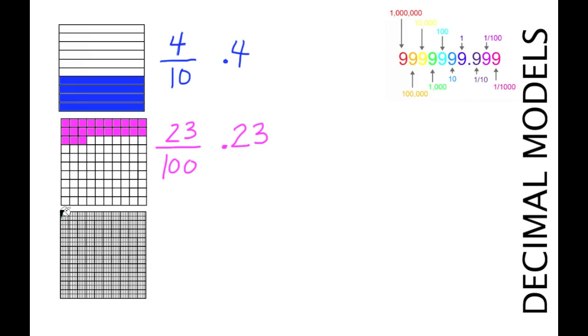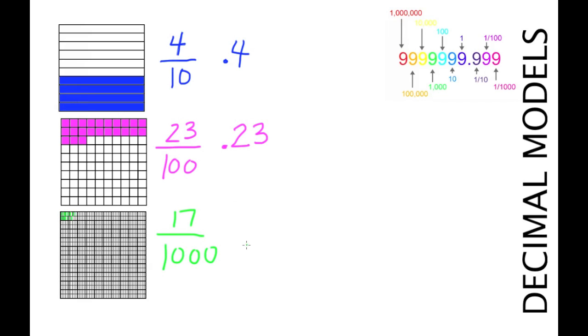I don't know if you can see that. So there I filled in 10 plus 7 more. So that's 17 thousandths.